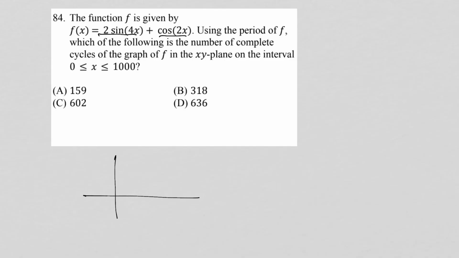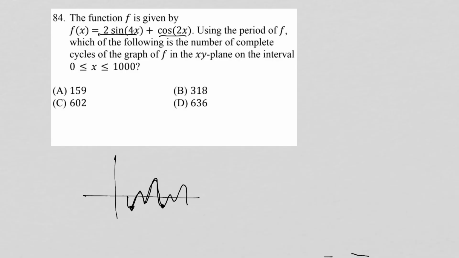So I graphed it, and it was pretty crazy looking. Starting from here, it kind of went under and over and under, and then it went up big, and then back down, and then it repeated. So each thing was basically like this letter M thing, and then another one.